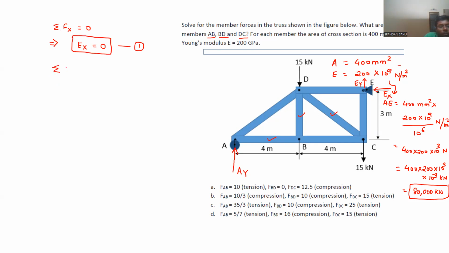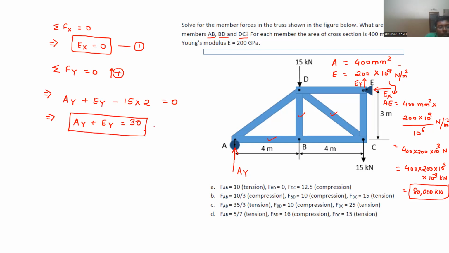Now, when we do summation of vertical forces equal to 0, taking this direction as positive, we get AY plus EY minus 15 into 2 equal to 0. This implies AY plus EY equal to 30. Let this be equation 2.